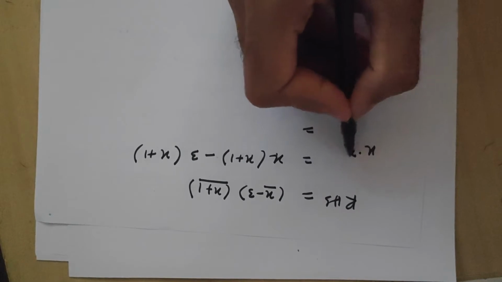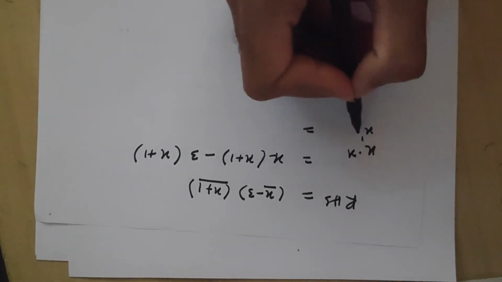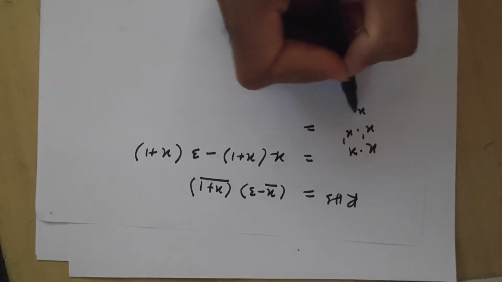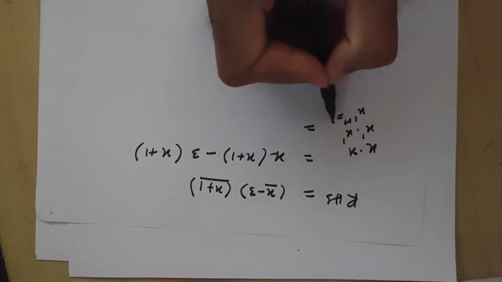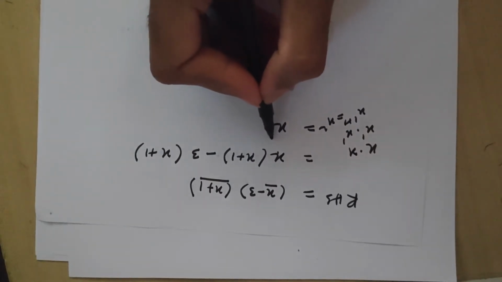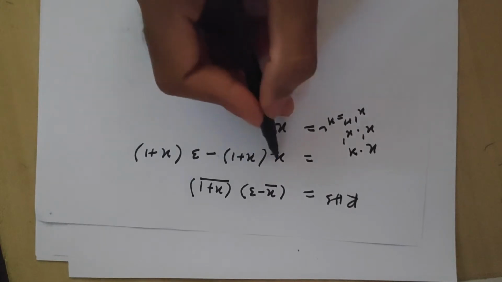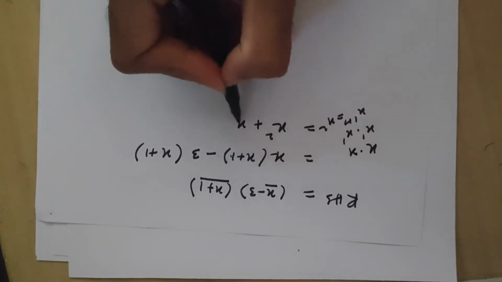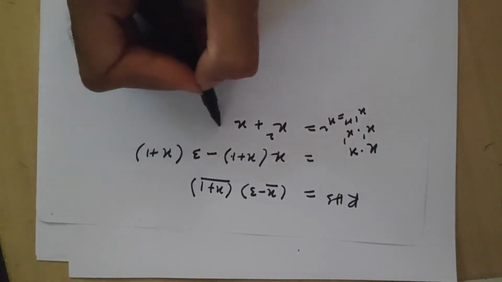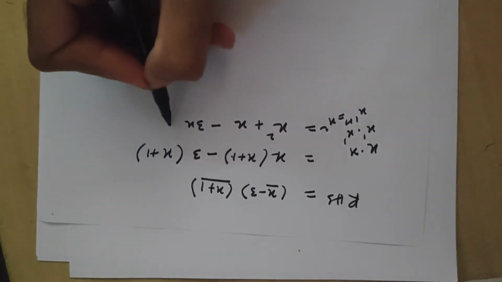So x into x, suppose power is 1, so we add the power 1 plus 1, which will be x square. It's not necessary, but some of you may not know. For them this is x into x, x square, and then multiply x into 1 will be x, minus into this one minus 3x, and minus when you open the bracket this will be minus 3.